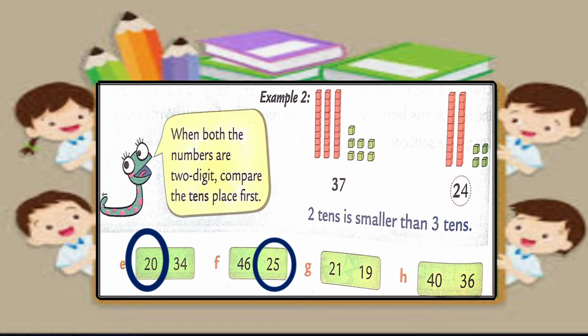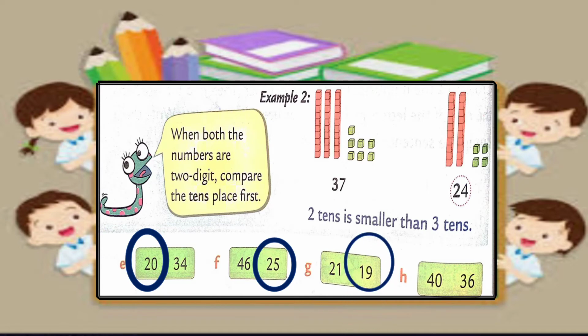Next we have G. 21 and 19. Now see which is the smaller number, 21 or 19.